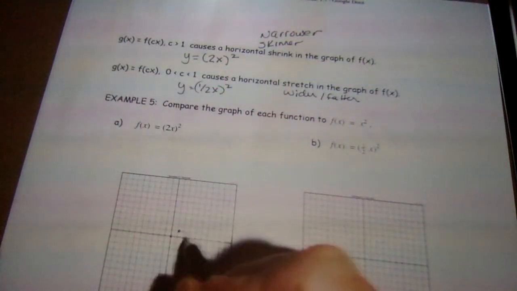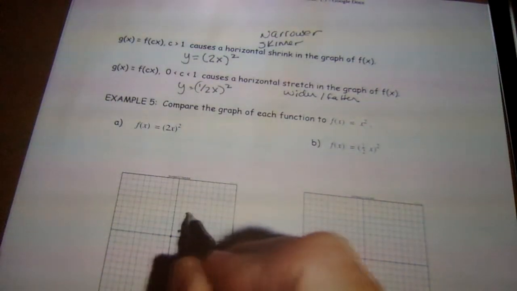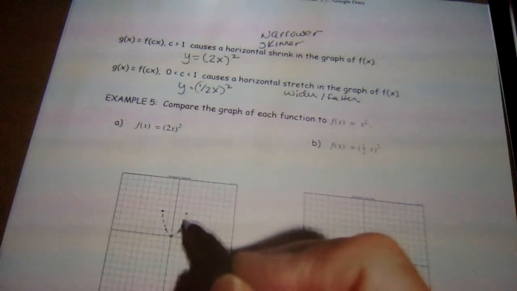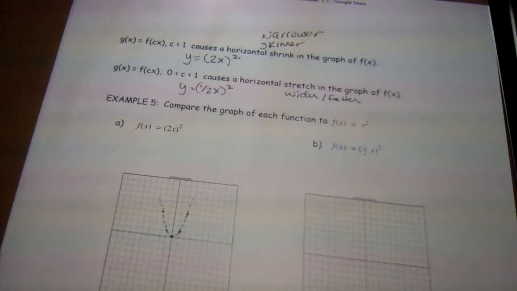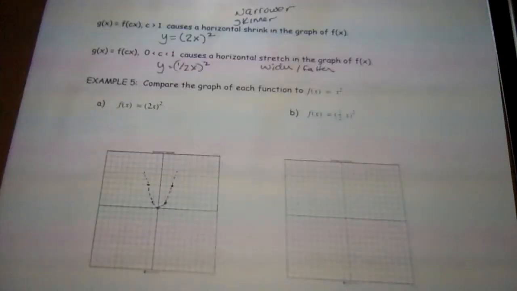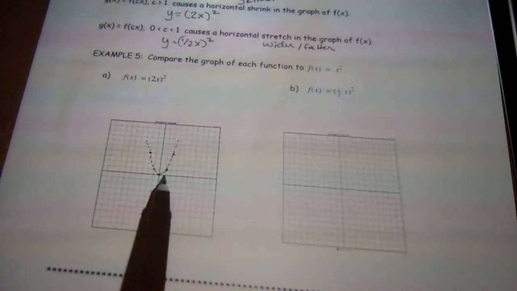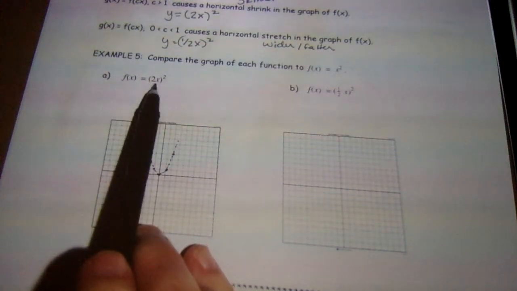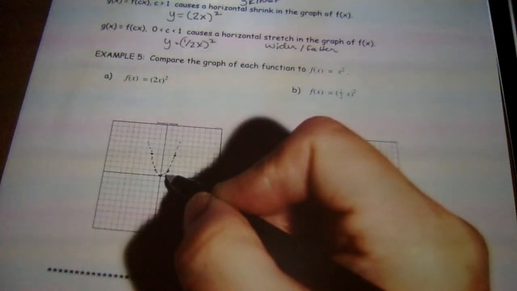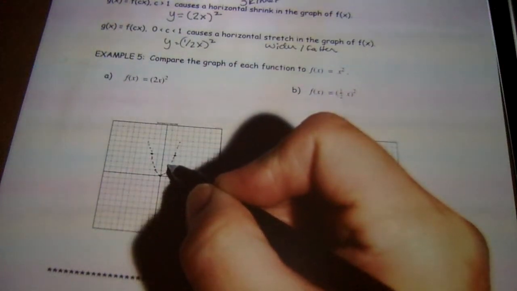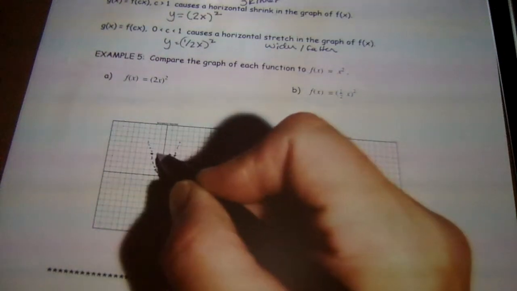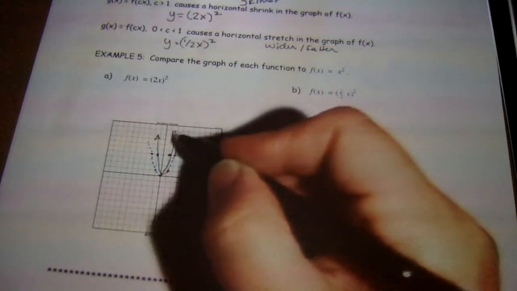So 2x squared, here's the parent function. And we know it's going to be narrower. Let's just plug in 1 and see what happens. Well, 2 times 1 is 2, and 2 squared is 4. So instead of going up 1, I'm going up 4. Negative 1, same thing. So see how it's going to grow faster?